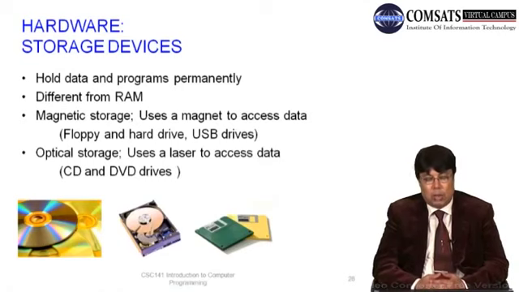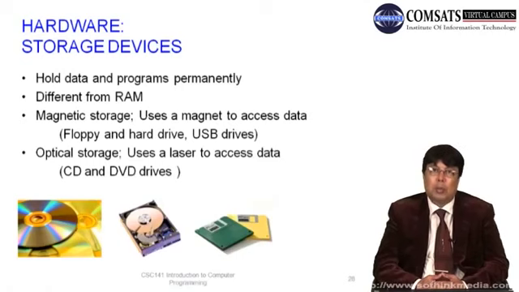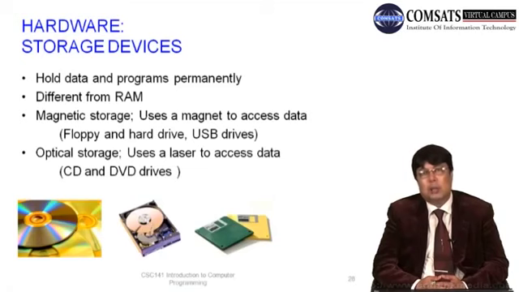Then the magnetic storage. Magnetic storage is basically the hard disk and the floppy disk, and currently the USB drives also. Basically these are magnetic material, and this is an electromagnetic phenomenon through which you can put the information there.